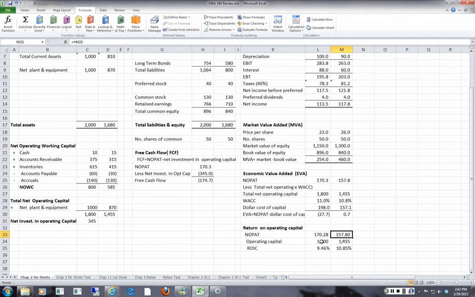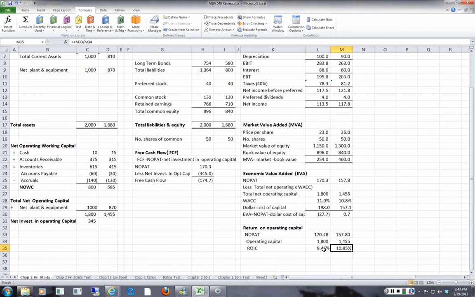That's going to be divided by this 1,800, or $1,800,000, and we come up with an ROIC, a return on operating capital, because the operating capital is that $1,800. So our ROIC is 9.46% for 2010 and 10.85% for the preceding year.